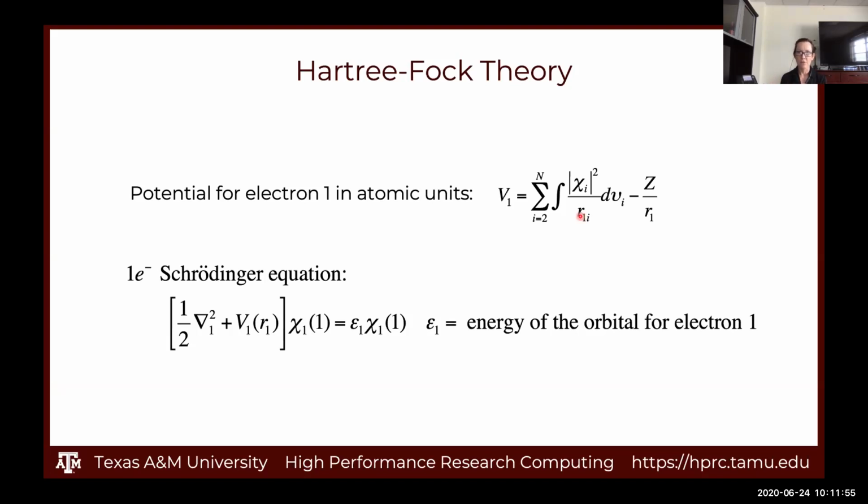Okay, and that's how Hartree-Fock theory treats the electron-electron interaction. Okay, so overall, it gets a bunch of 1 electron Schrodinger equations. You have the kinetic energy term, you have the overall potential for electron 1. This is the spin orbit for electron 1. You get the energy of the orbital for electron 1 and the spin orbit back again.